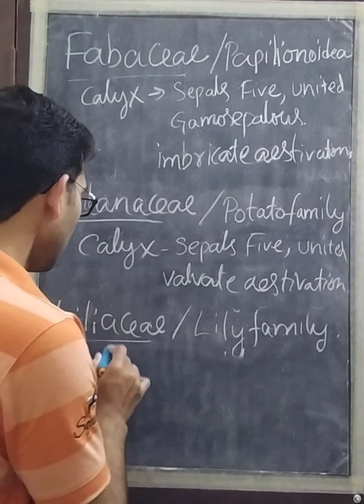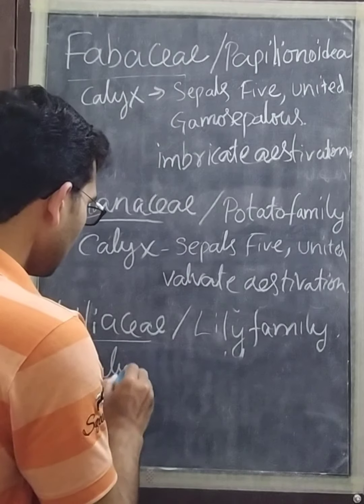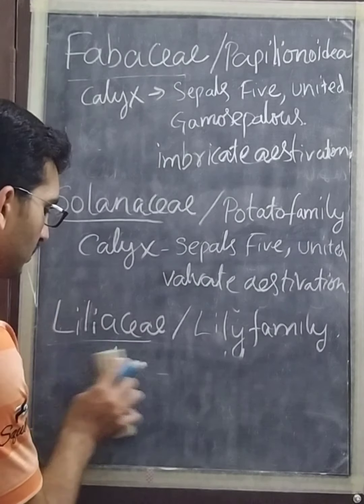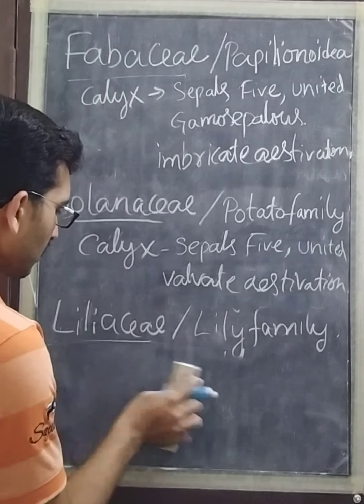After that, we have Liliaceae. Let's see the calyx of this family. To be frank, in the Liliaceae family the calyx and corolla are not differentiated, so we call it the perianth.